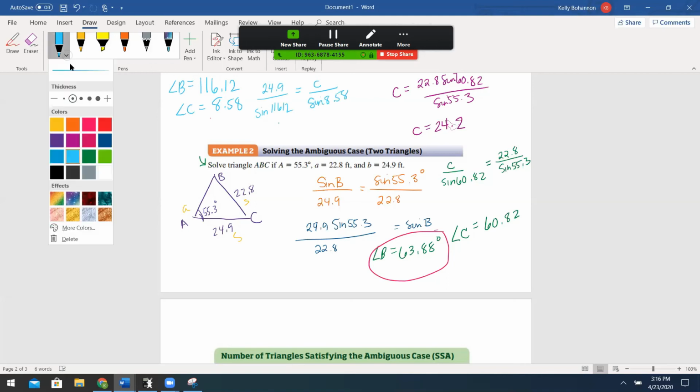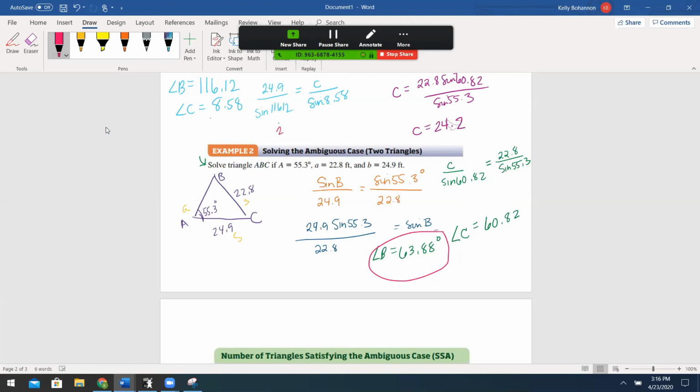We do all the algebra before we plug it into our calculator, and that would be 24.9 sine 8.58 over sine of 116.12 is what's going to give me C.